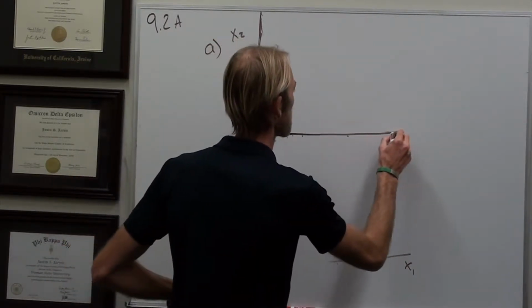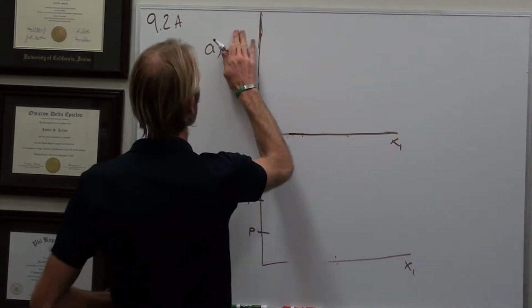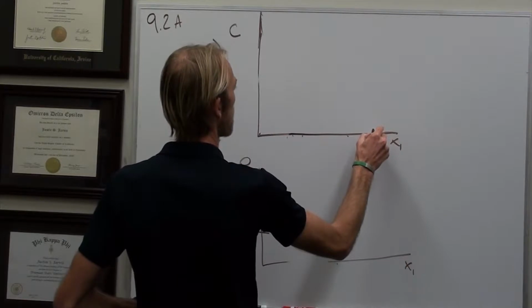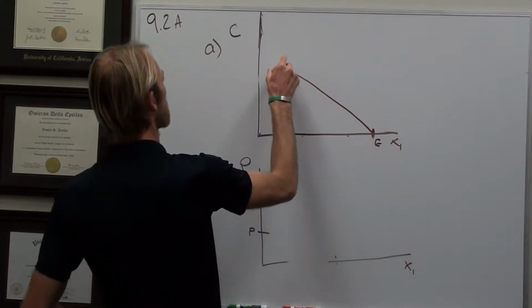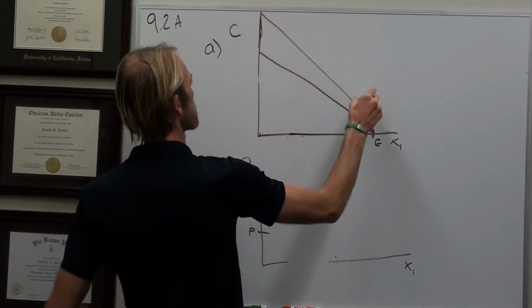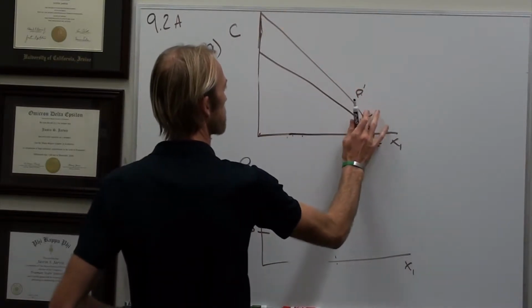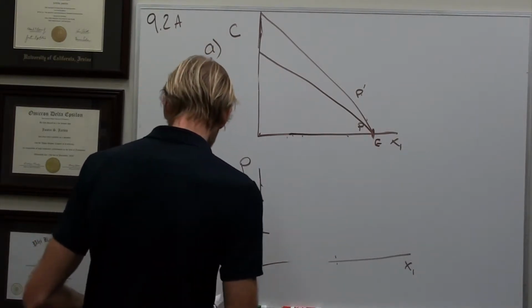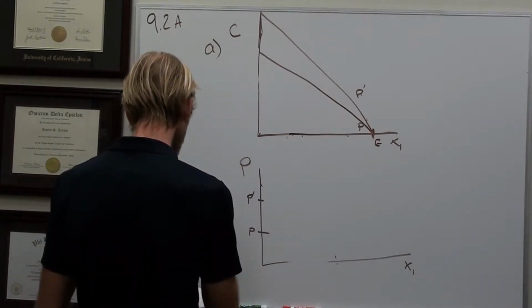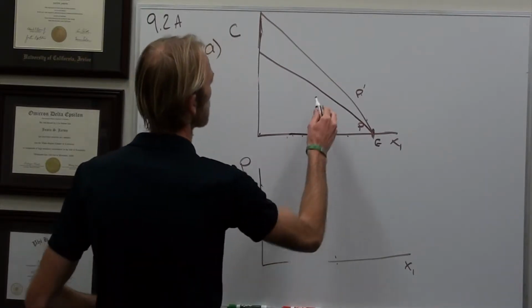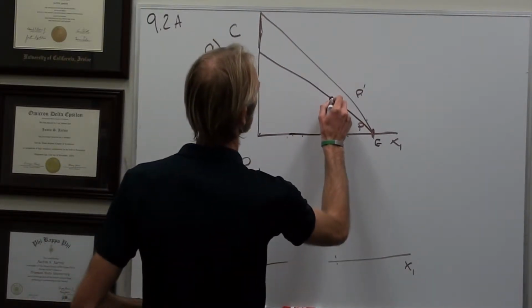So endogenous income, let's suppose that I have all other goods and I have some endowment here, and this is P. This is P prime. Whoops, let's put P under here so you can see that. All right, that's price P. That's price P prime. And originally, we are at point A down here somewhere.